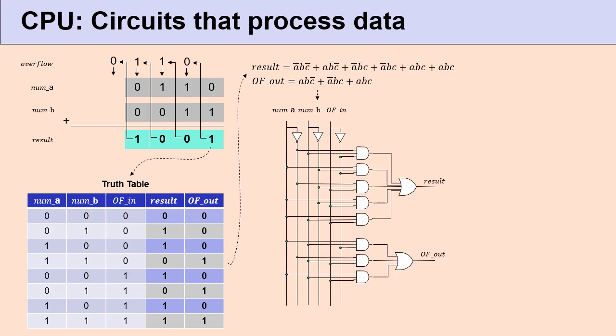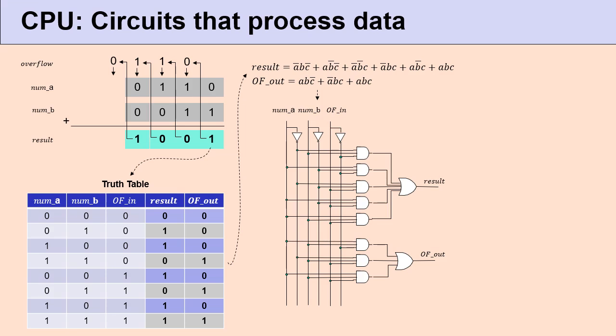The schematic diagram has altogether 8 AND gates, 2 OR gates and 3 NOT gates. The vertical lines represent the inputs from the 2 bits and the overflow from the previous stage, and their inverted values.